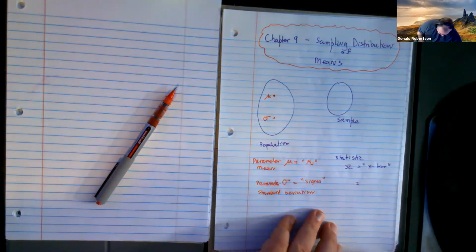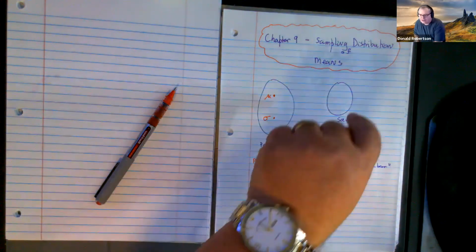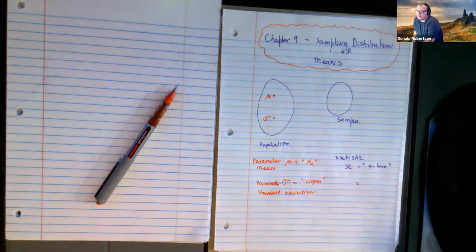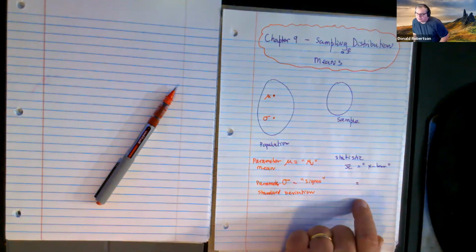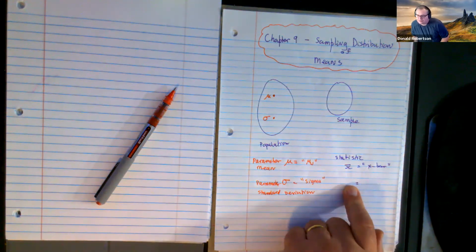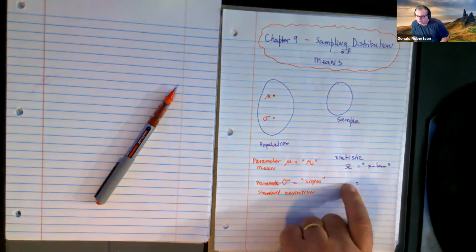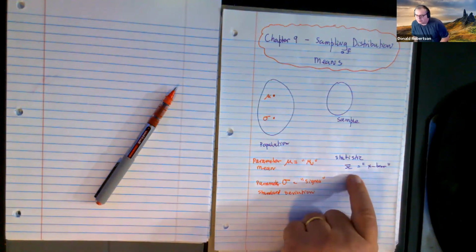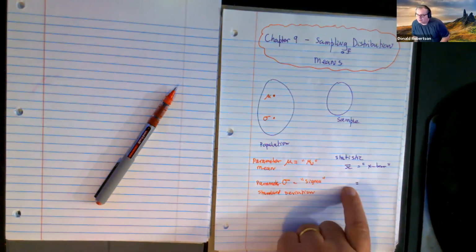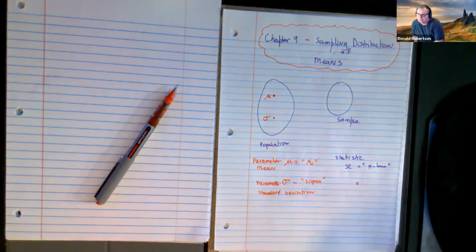What letter do we use for a sample standard deviation? We actually have a couple of choices here because we use different ones sometimes. X bar would be for the mean, right? What would the standard deviation be?